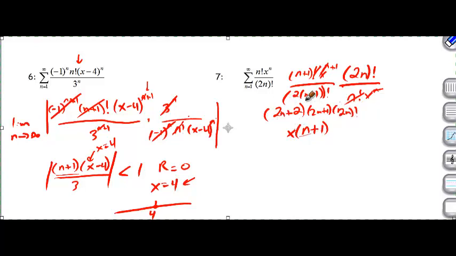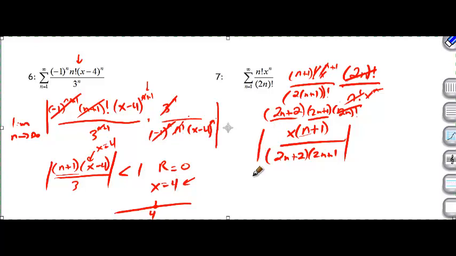That's really what this (2n plus 2) factorial is, because it's 2n plus 2 times 2n plus 1 times 2n minus 1, etc. Now the (2n) factorials cancel, but on the bottom we're left with a (2n plus 2) times a (2n plus 1).